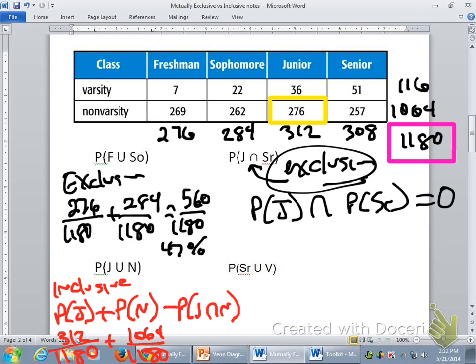I'm sorry that's not showing up very well at the bottom. But what am I going to subtract? All right, I'm going to subtract those that are both juniors and non-varsity, 276 out of 1180. And I have to subtract them because I didn't mean to, but I've already counted them twice. So somebody run those numbers. All right, it's going to be 1,100 out of 1180, and you heard that's about 93%.